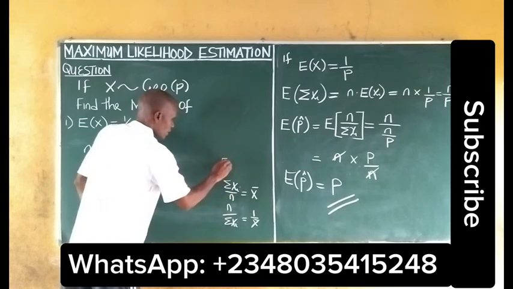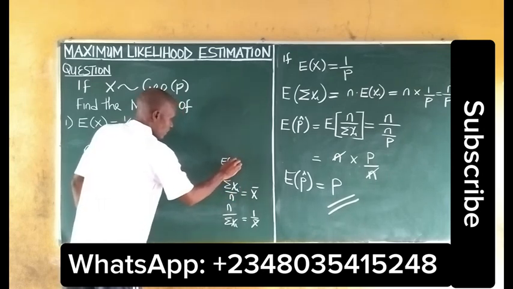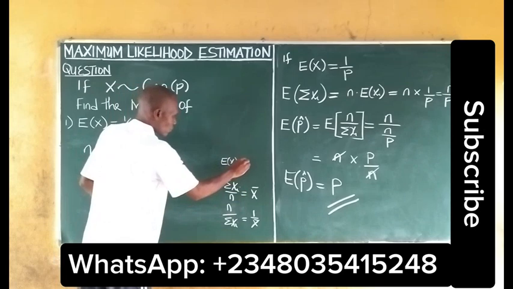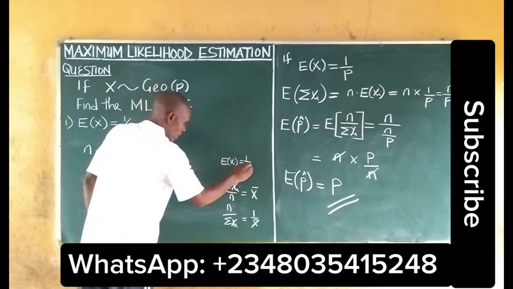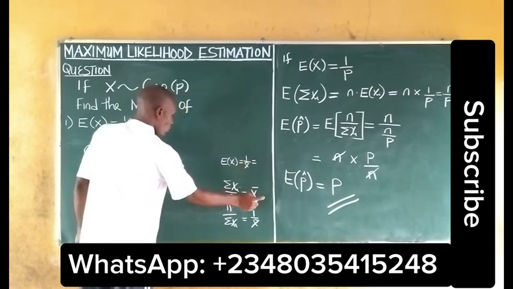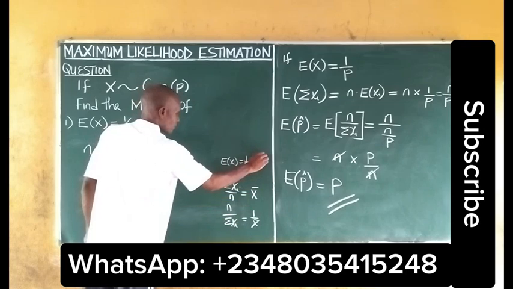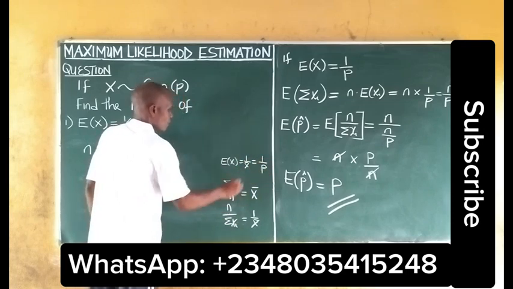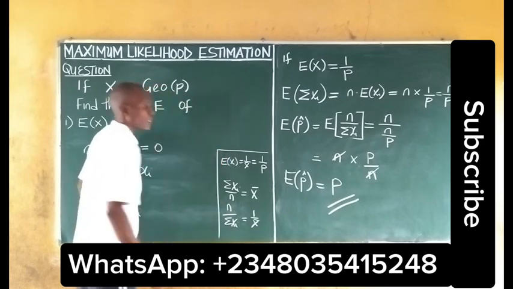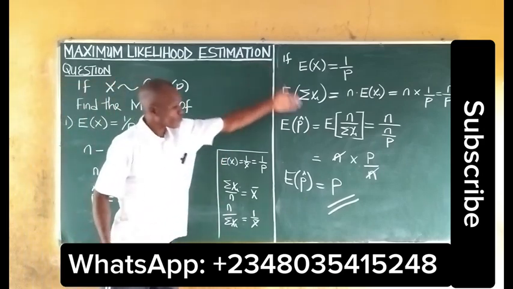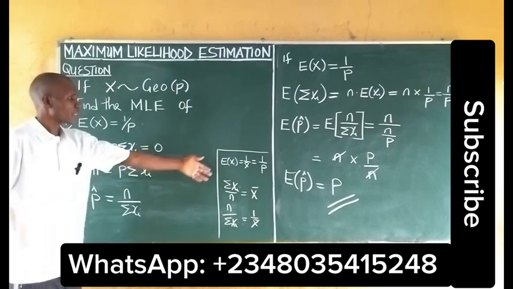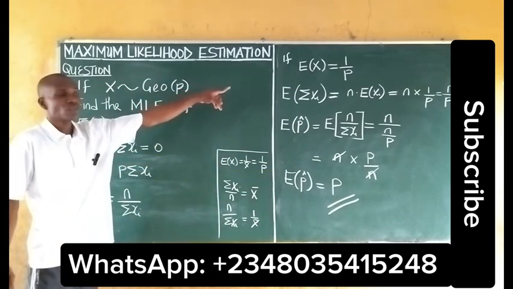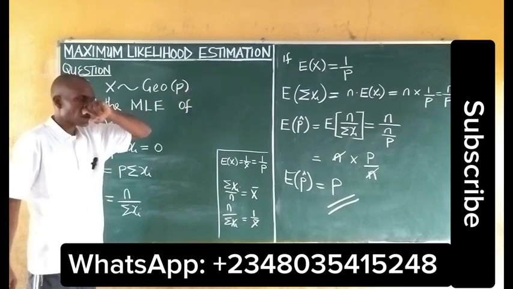This is the same thing as the expected value of xi. If the expected value of xi is equal to 1 all over x bar, it then means that p is equal to this, and you have 1 all over p. That is what we are to do to get the expected value, which is equal to 1 all over p.